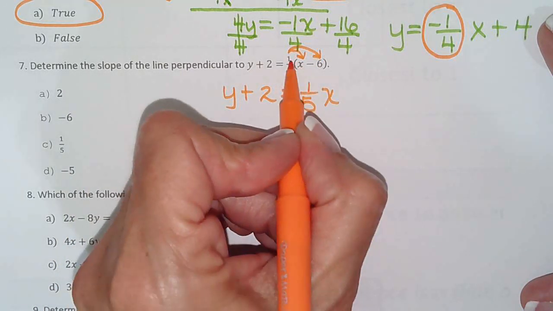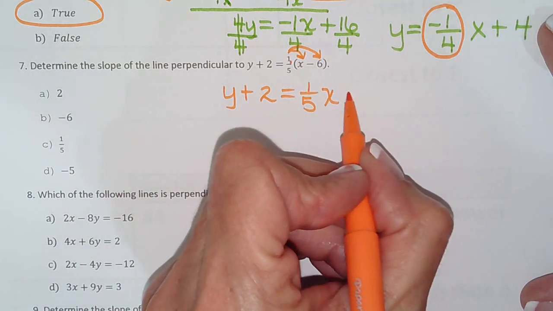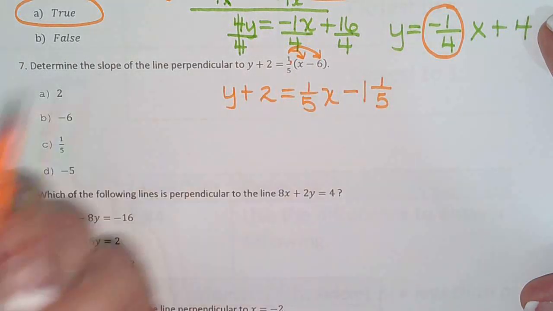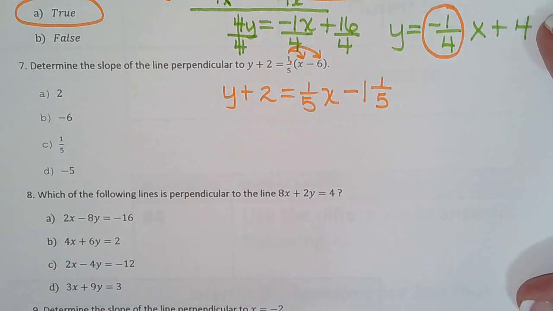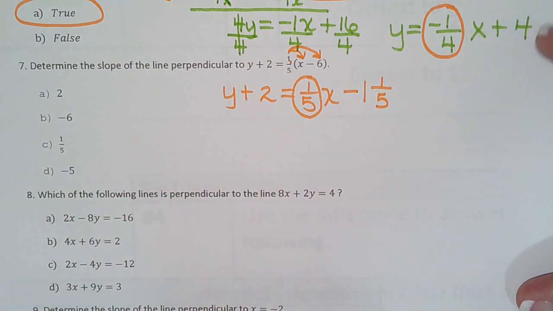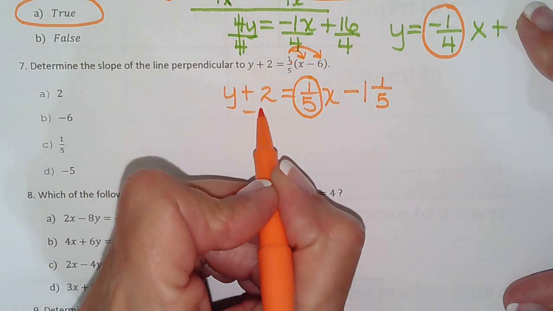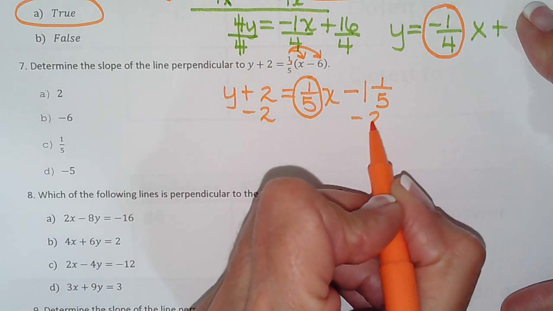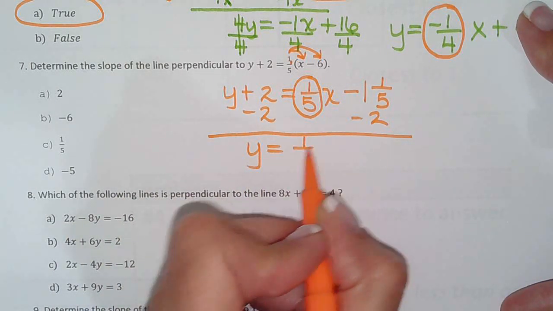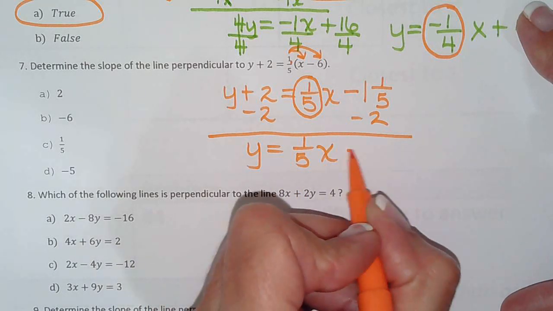And when you type in your calculator 1/5 times negative 6, you'd get negative 1 1/5. It's negative 6/5 or negative 1 1/5. So here's my slope. Whoop, I didn't subtract 2. I will subtract 2. Still going to have the same slope, but 1/5 x minus 3 1/5.